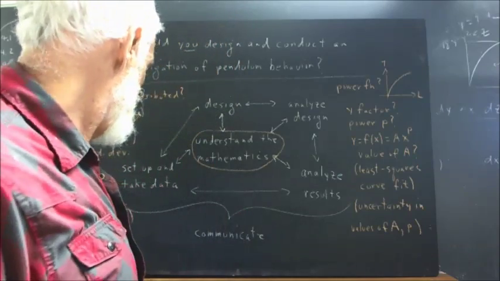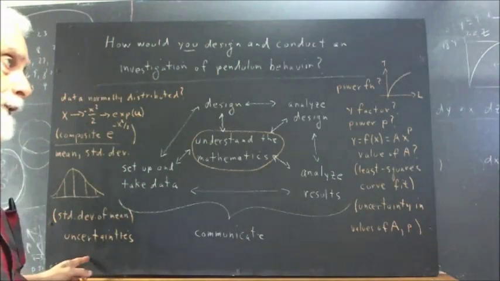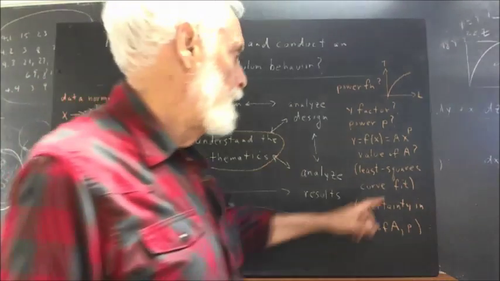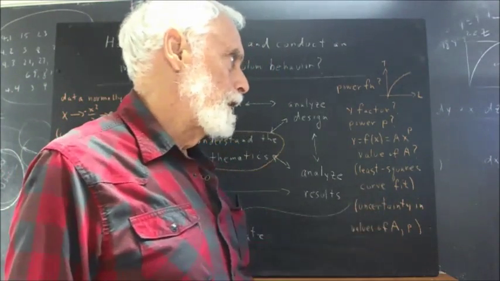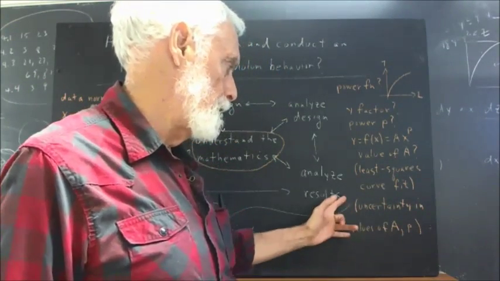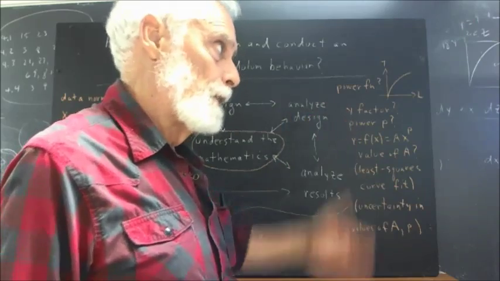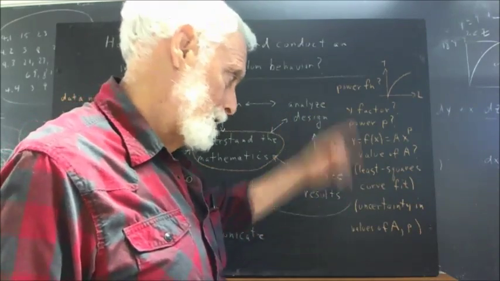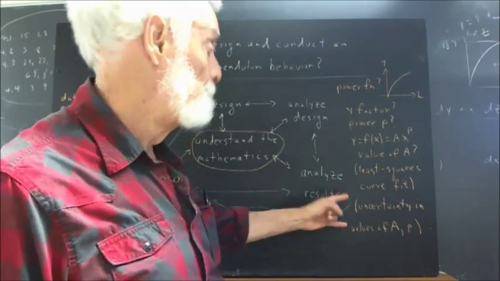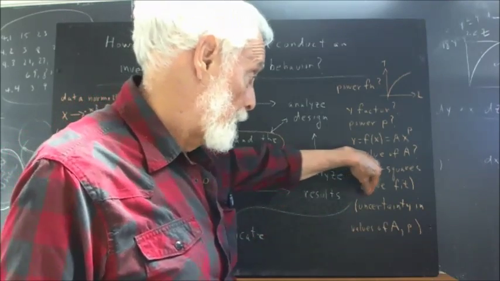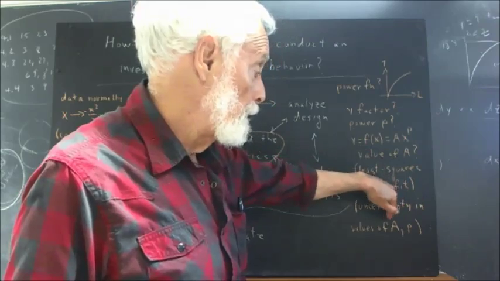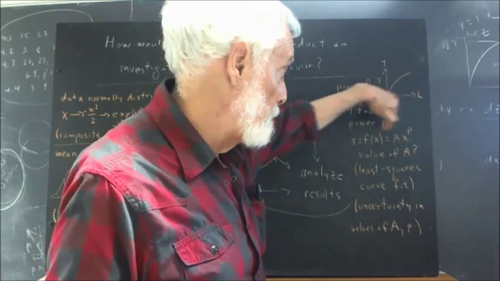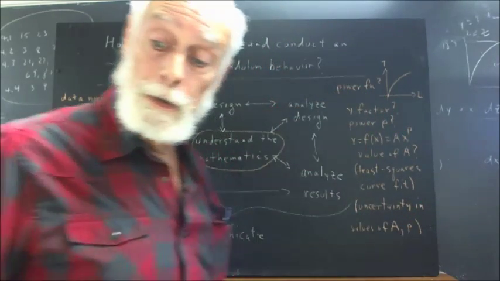you then, if you have a good handle on these uncertainties, can, with some fairly sophisticated mathematics that we won't touch here, if you really want to know about it, email me and I'll explain it. But we get the uncertainty in the values of our constants A and P that determine this function.